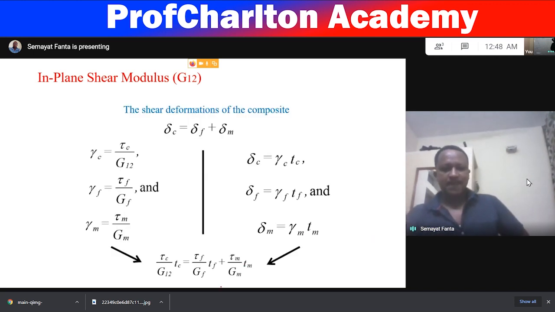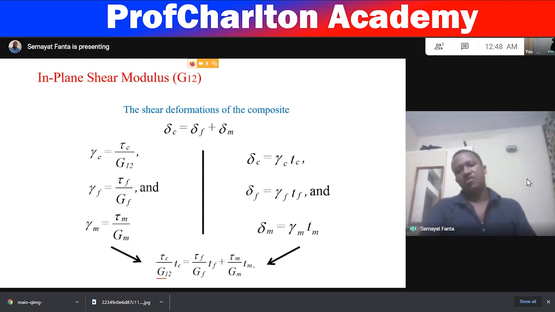So finally what we can get is this relation. Tau c, the shear stress in the composite, times thickness of composite over the shear modulus of the composite in the 12 direction, which is equal to the shear stress of fiber times thickness of fiber over the shear modulus of fiber plus shear stress of matrix times thickness of matrix over the shear modulus of matrix.